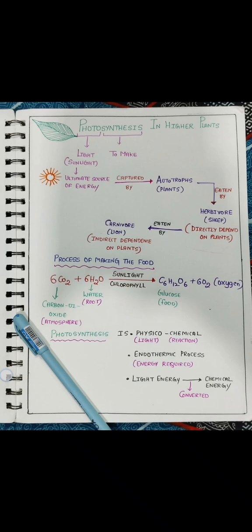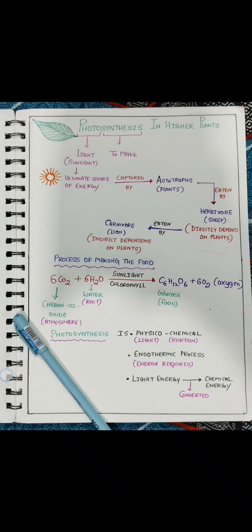Now, if you look at the equation given below, first, the raw material required for photosynthesis is carbon dioxide. Carbon dioxide we get from the atmosphere, water we get from the roots, sunlight we get from the sun, and chlorophyll is present in the leaf.